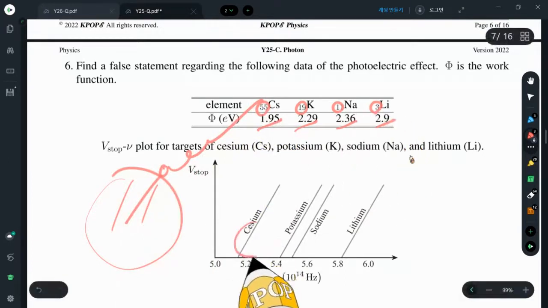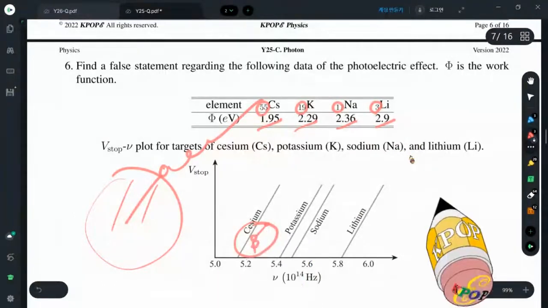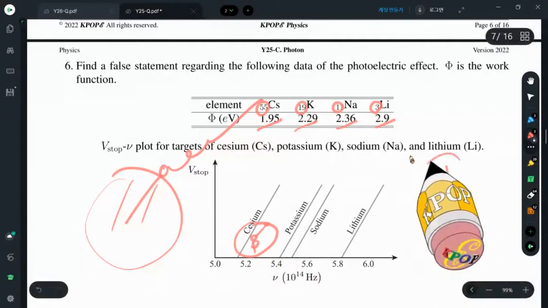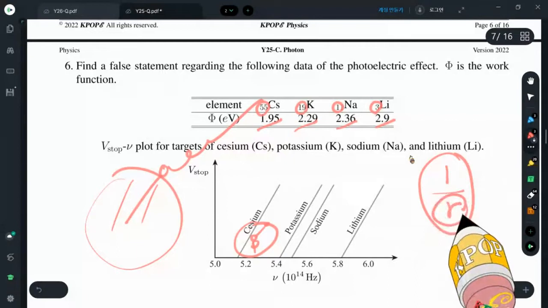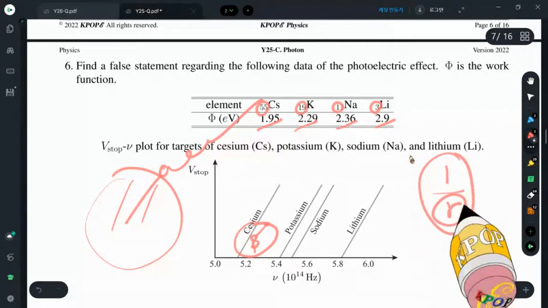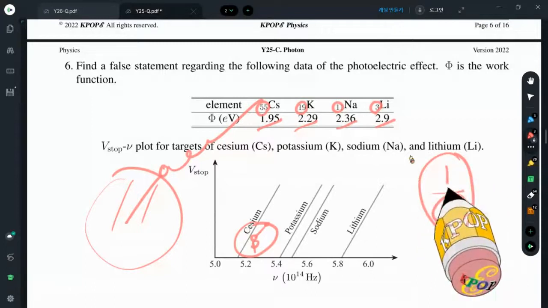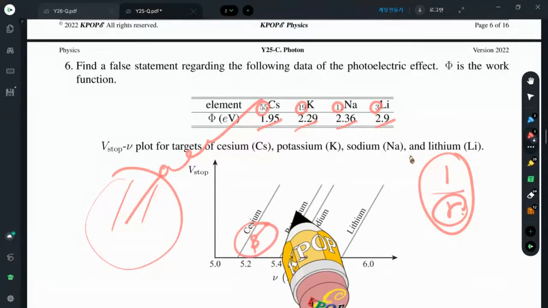If it is small, the radius of the electron should be shorter, and you know the potential energy is proportional to 1 over r. So when r is smaller, the energy required to break the bondage with the nucleus will be very large.